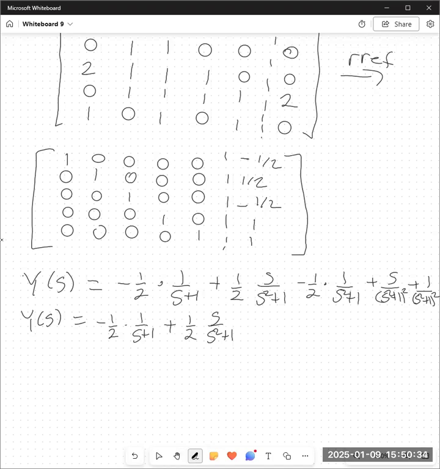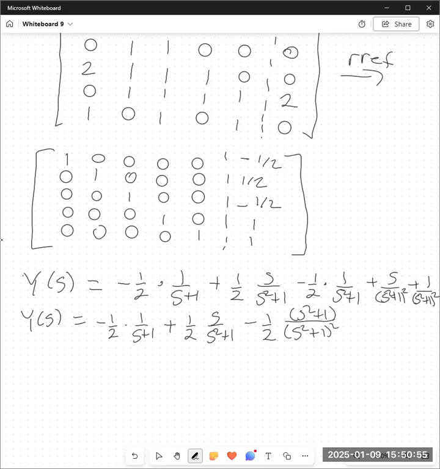So I'm going to need to make this minus 1/2, make it s squared plus 1 squared over, and then make this s squared plus 1 like that.